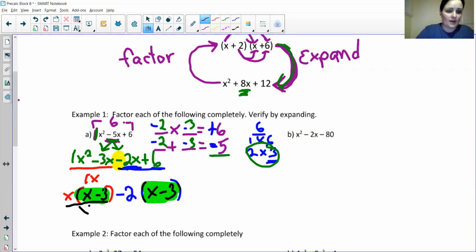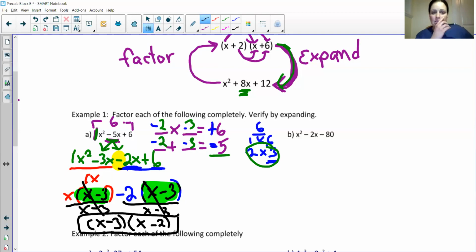So we're going to divide both these terms by x minus 3 because both the terms have x minus 3 in them. So we end up with x minus 3 divided out, leaving us with x from our first term. And if we divide x minus 3 from our second massive term, we're left with -2. And here we go. Here's our answer, x minus 3, x minus 2.